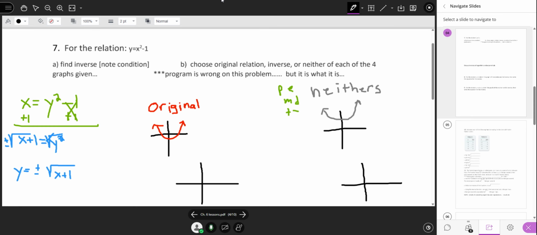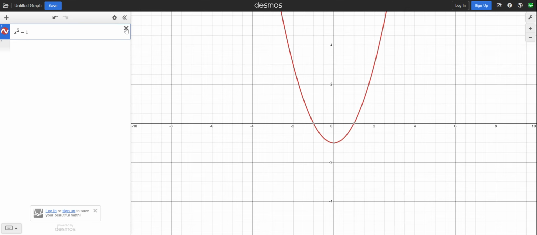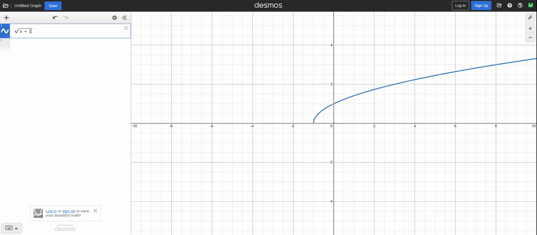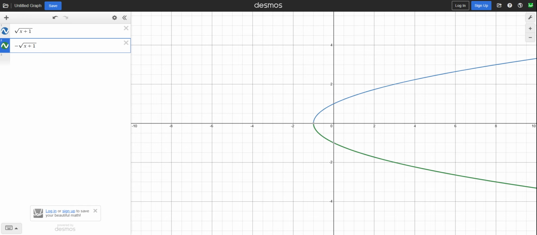Now, x plus 1, negative square root x plus 1.